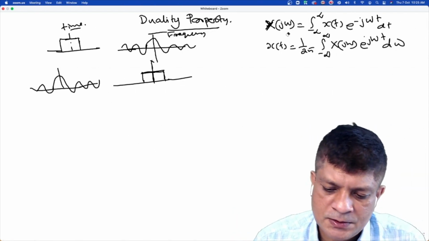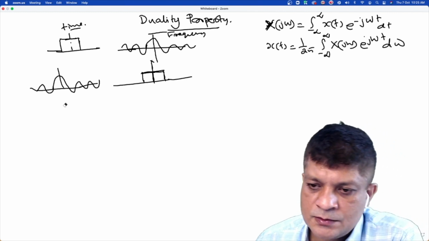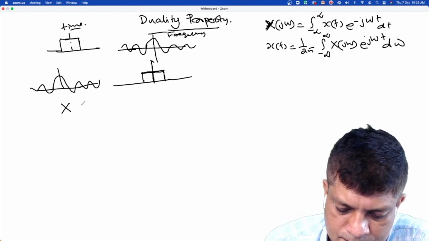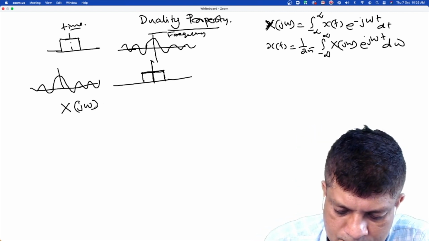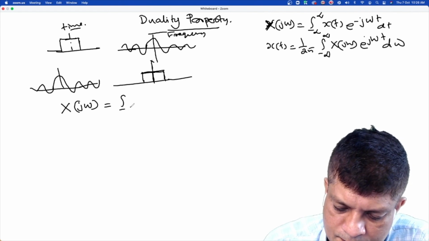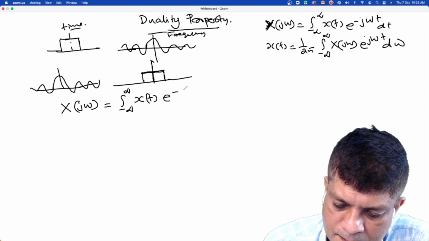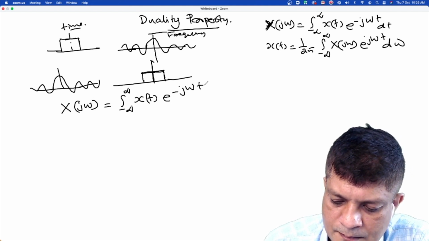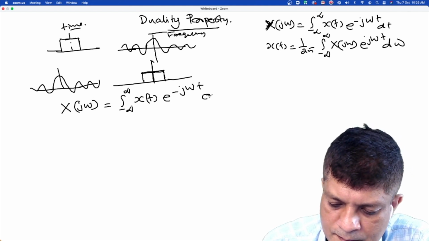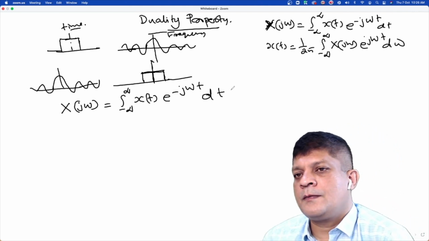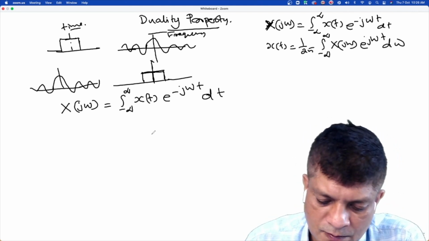Now let us derive that property. Let me start with this X of j omega, the Fourier transform.